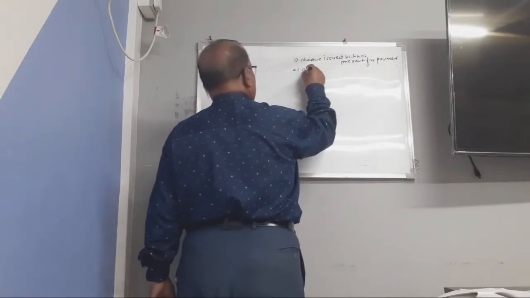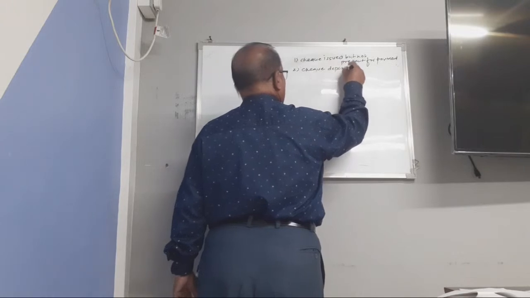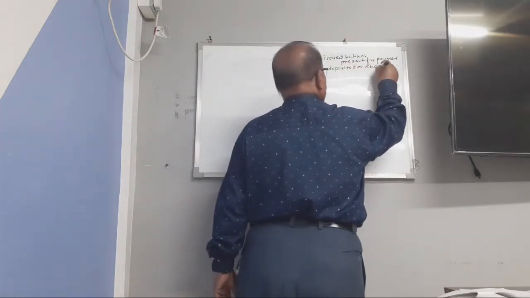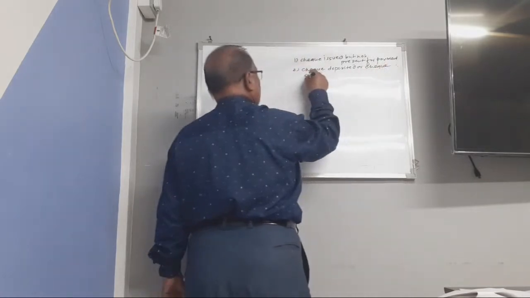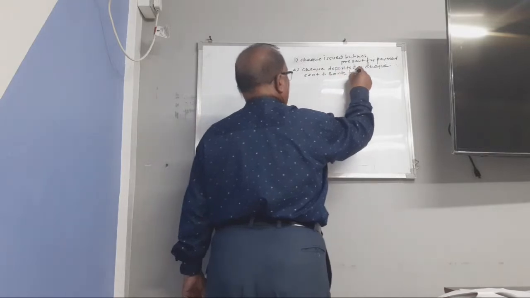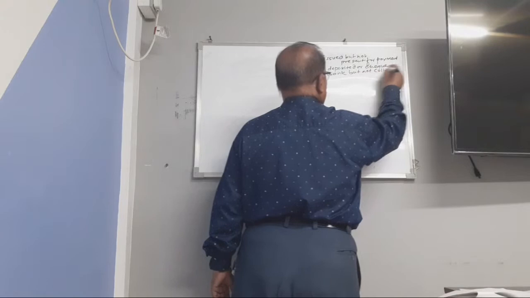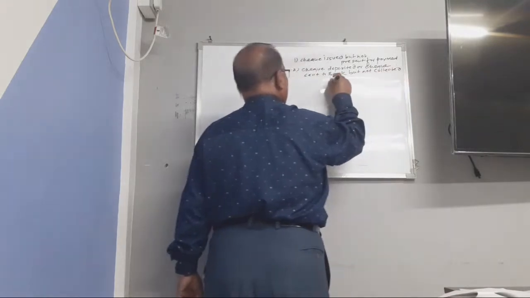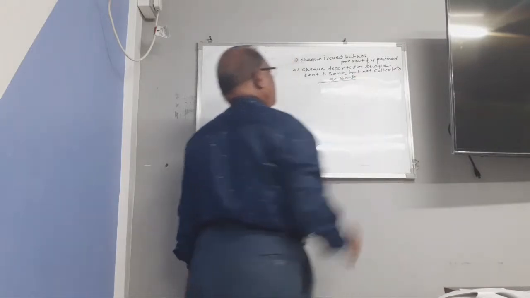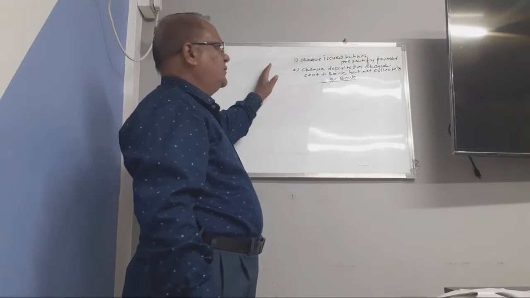Another is a check deposited or check sent to bank but not collected by bank. These are the two things that are always entered in the cash book.